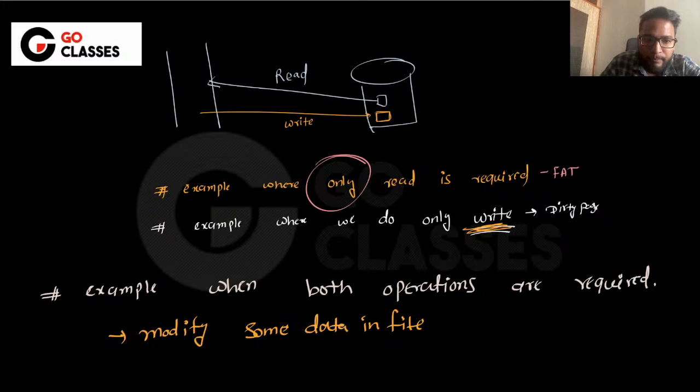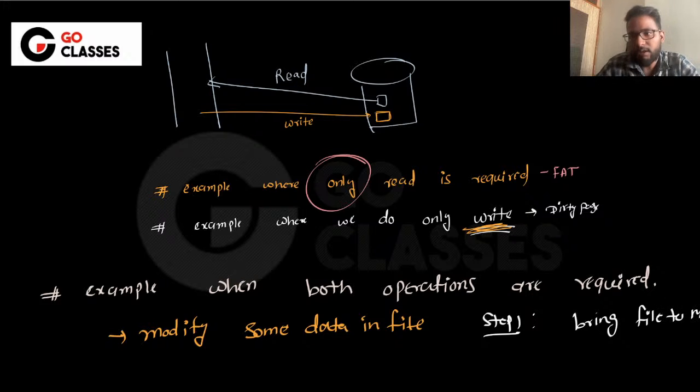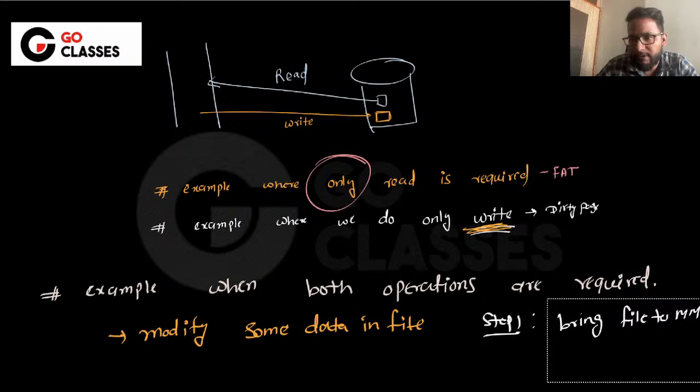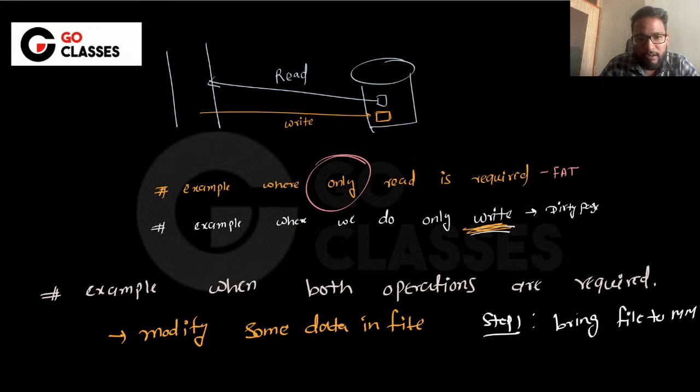then obviously you will bring, then step one is what? You will bring that file to main memory, right? This is your step one. And what is the step two? So this is main memory. If it is not visible, just keep it main memory. Okay, so this is step one. And what could be the step two? Step two is that make some changes and write it back to the disk.